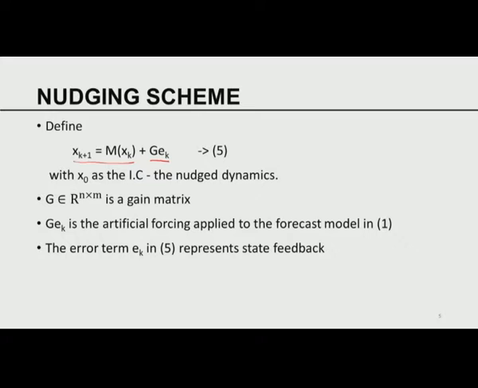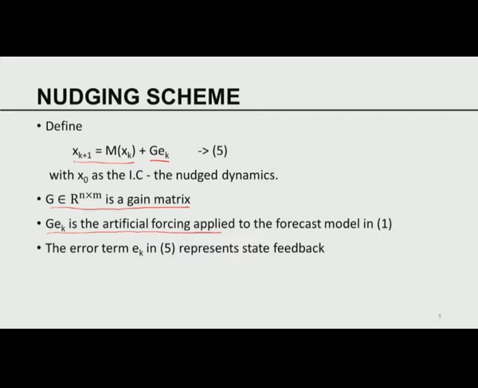Our aim is to find G such that asymptotically the model state moves towards the observation, which represents the true state of the model. So G is called a gain matrix. G is again an n by m matrix. G of Ek is a vector, an artificial forcing applied to the forecast model.